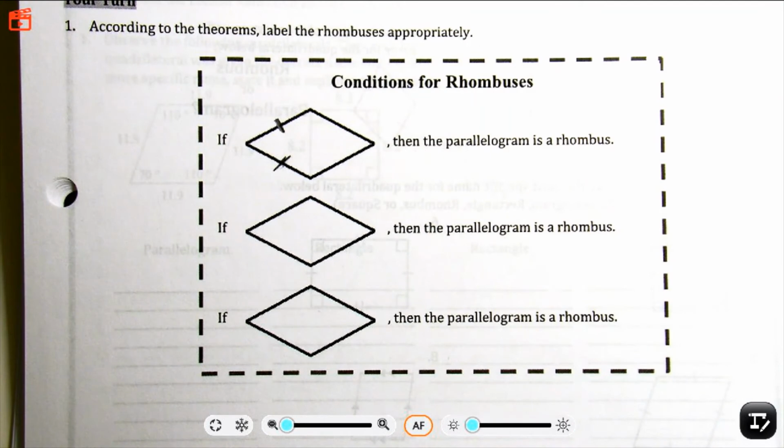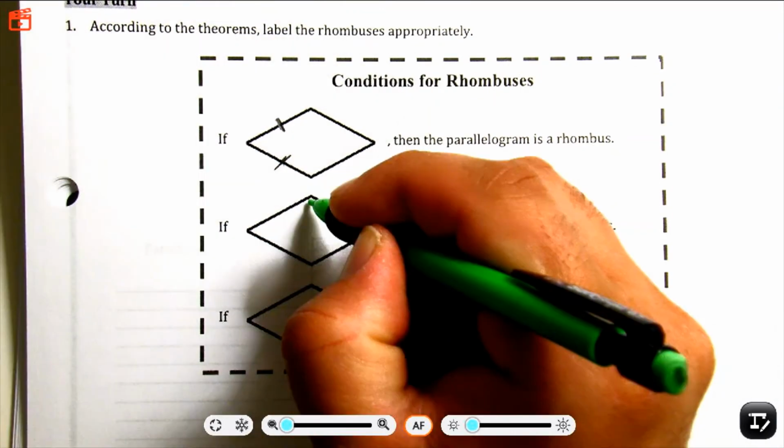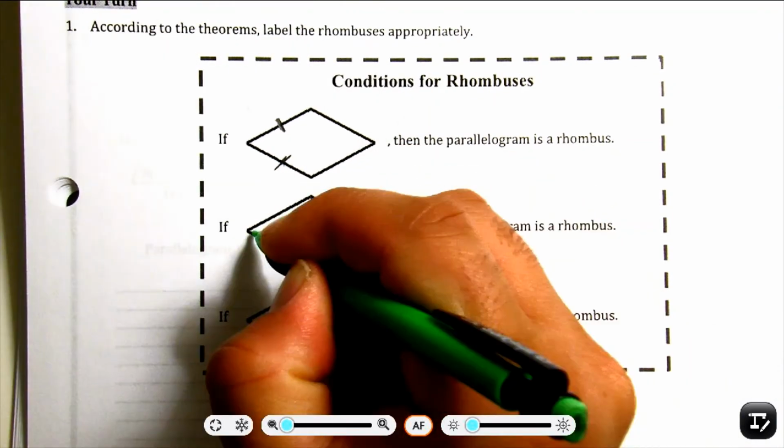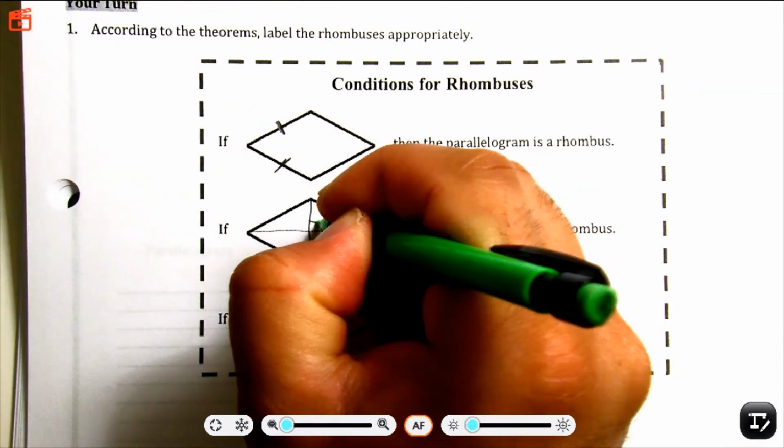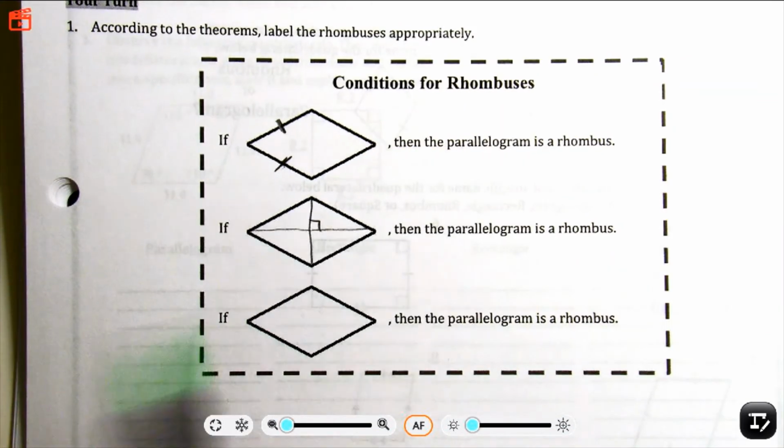Next, talking about diagonals forming perpendicular angles. If we have a diagonal here, and if it forms a right angle, meaning that these two diagonals are perpendicular, then this parallelogram is a rhombus.